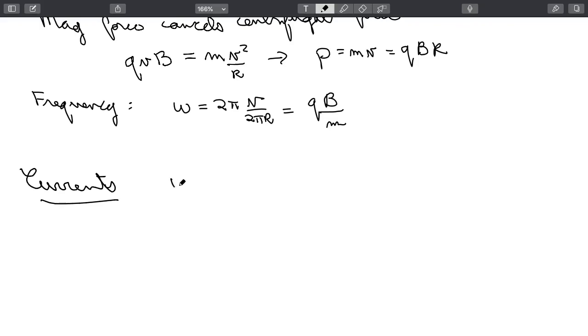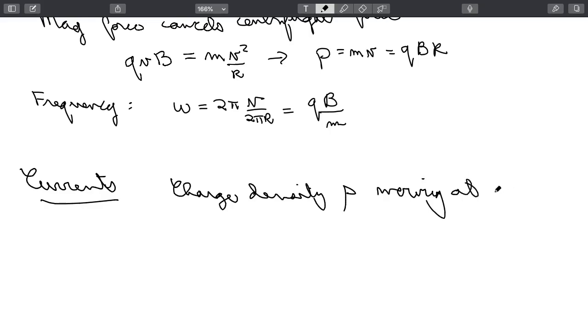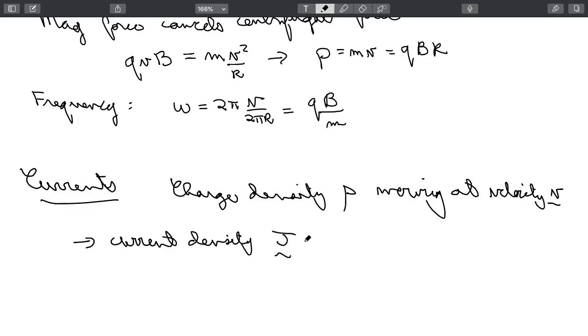If you have a charge density rho moving at velocity v, where v is a vector and rho is a local scalar, it defines this current density, which is a vector J, which is just rho times v.